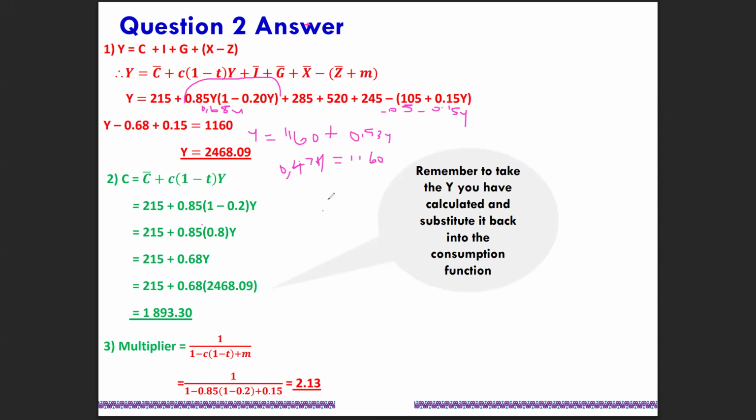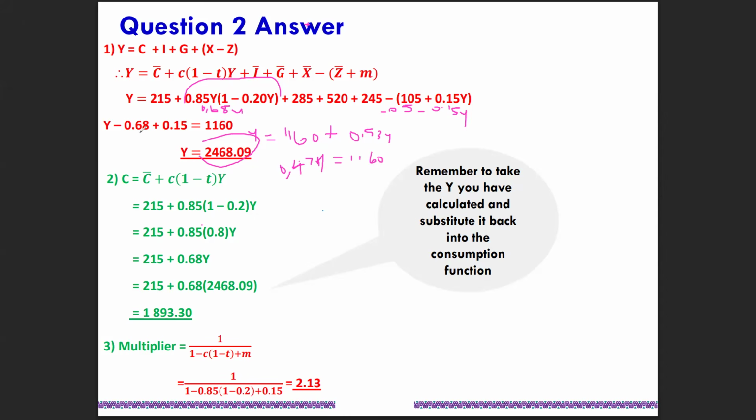Then you're going to divide by 0.47 on both sides. So 160 divided by 0.47, and then you're going to get 2,468.